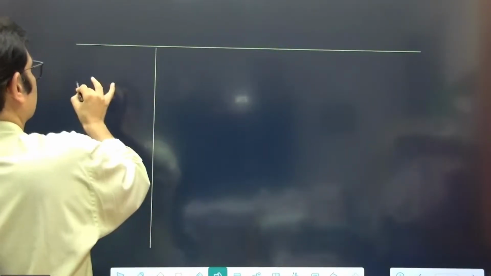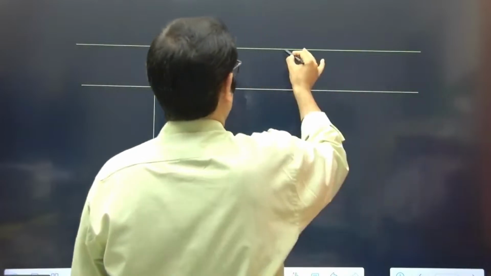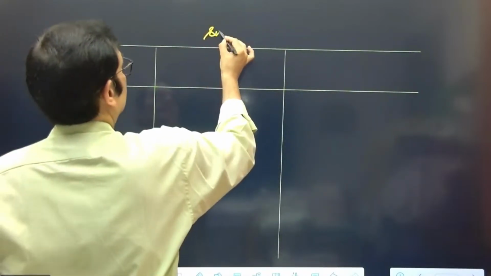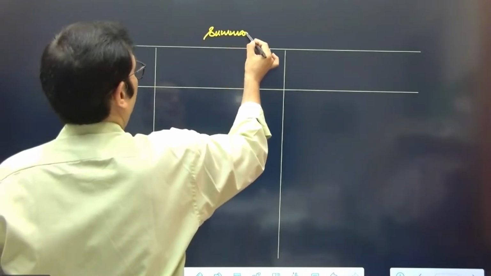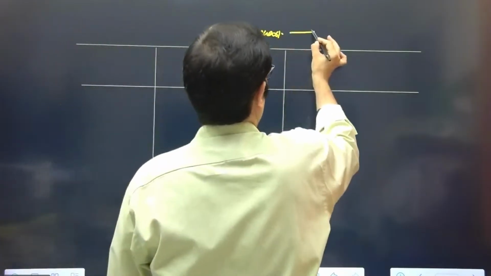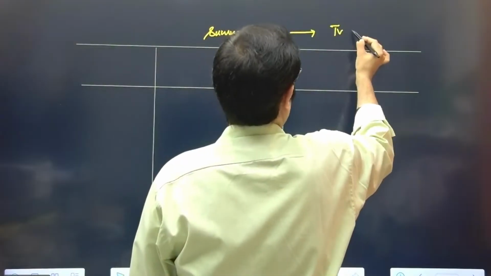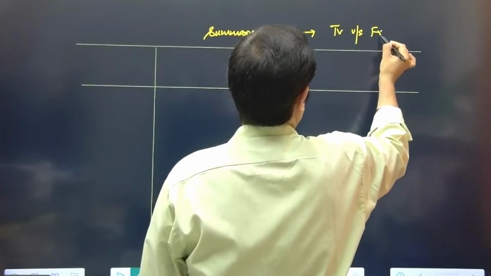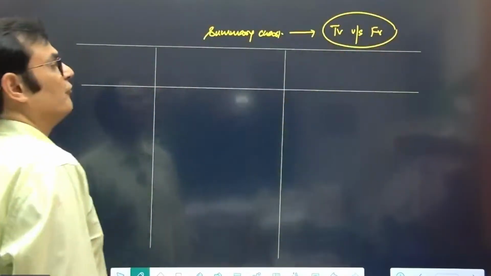I'm concentrating on the third step which I gave you, that is, what is the kind of relationship and what kind of entries are done. So let's look at a summary chart with reference to the transaction value versus the fair value differences to be accounted for.